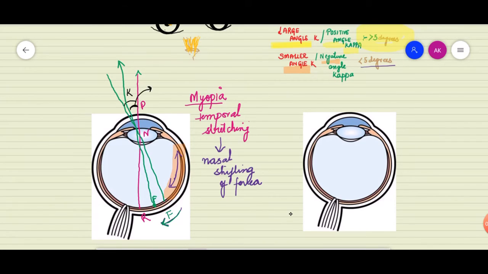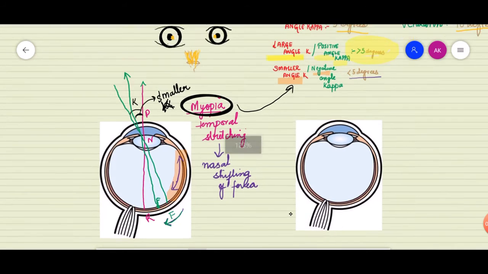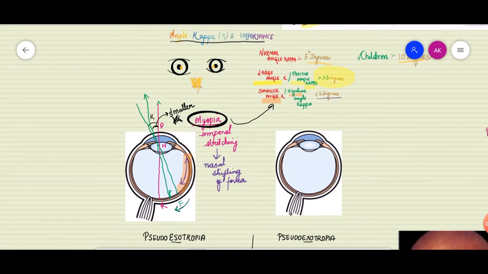The angle kappa is smaller. This smaller angle kappa can also become 0 and then it can become negative. So in myopia we see a smaller angle kappa.